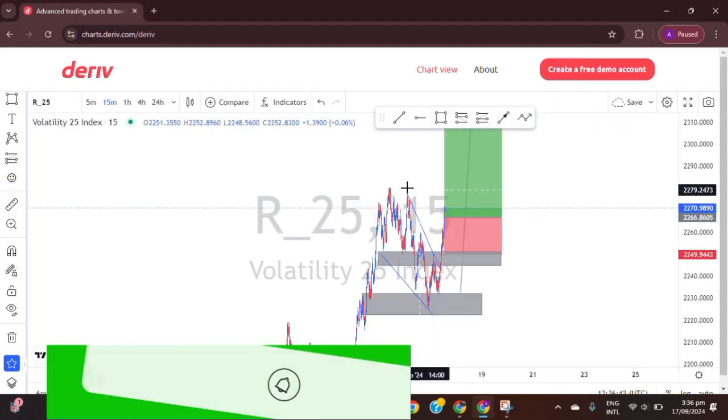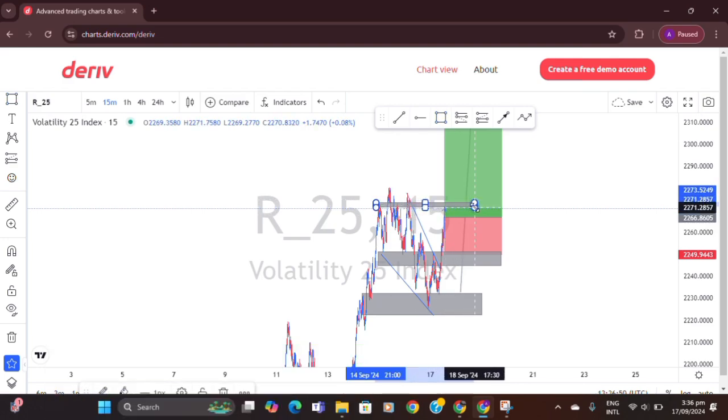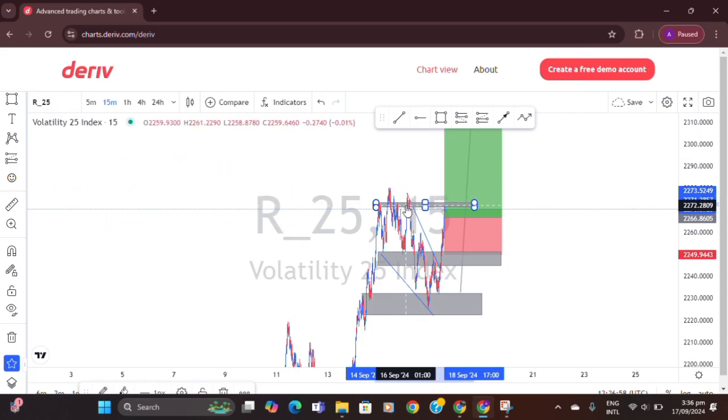There are no major resistance levels apart from this one that only has, I think, one touch, because it has been broken. The market has impulsed to the upside, and it has been broken already here, so it does not seem that strong.